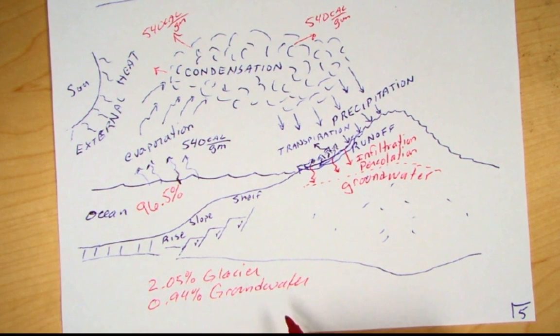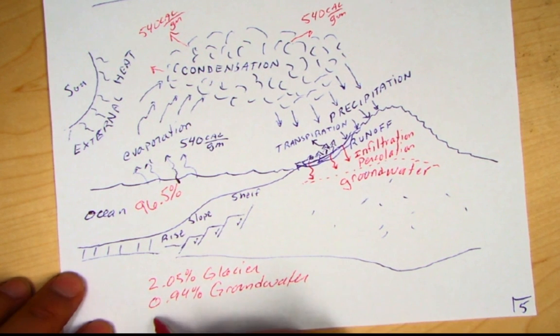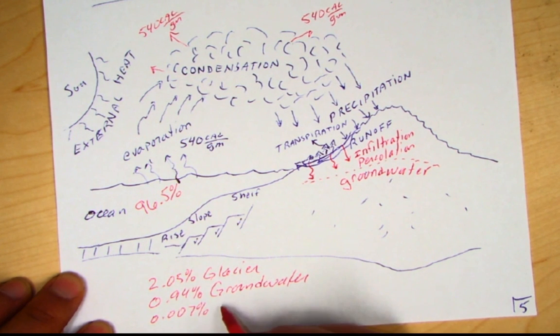And just to compare, if we combine the freshwater lakes, we would see that we only have 0.007%. These are lakes, freshwater lakes. And then for rivers, it's very small. Rivers are 0.0002%.